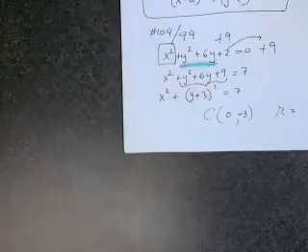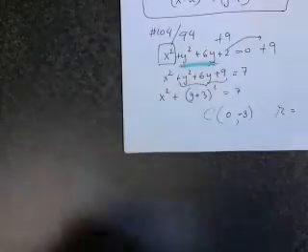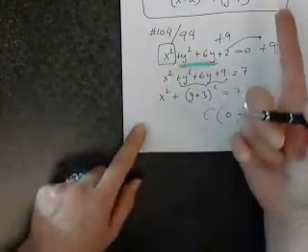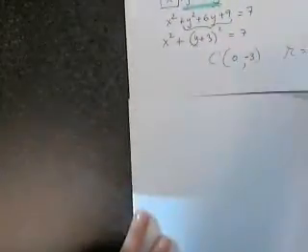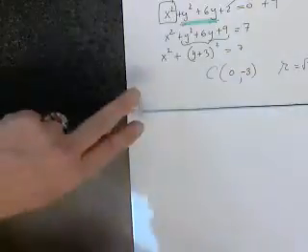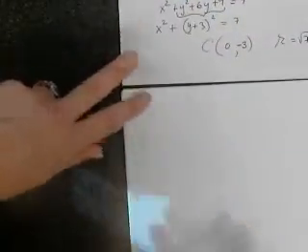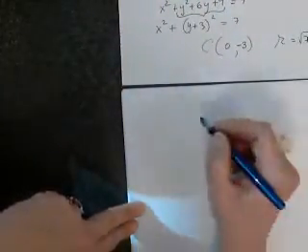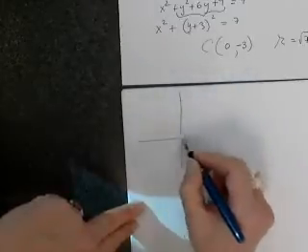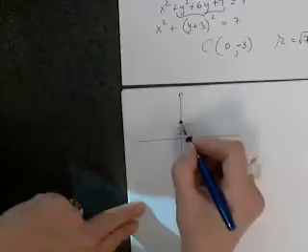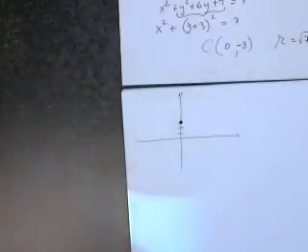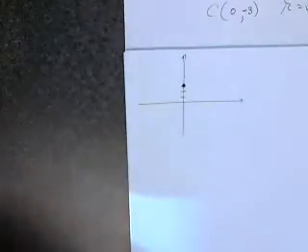And what about the radius? No, this is the square. Square root of 7. Assuming the square root of 7 is 2.5, so I can graph. I would like to graph this. So here's how I graph it. 0, -3 is right here, so that I start with the center.